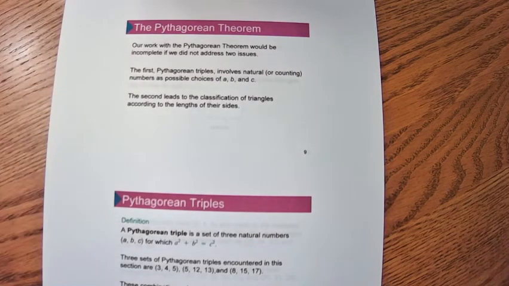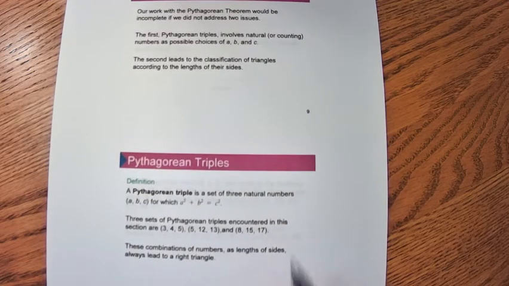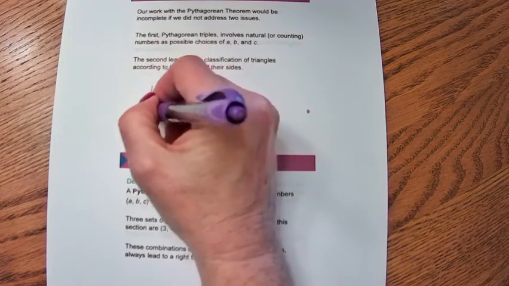All right, so when we're talking about the Pythagorean theorem, you can use c squared equals a squared plus b squared, but also sometimes there are what are called Pythagorean triplets that you'll see all the time, like the 3, 4, 5.